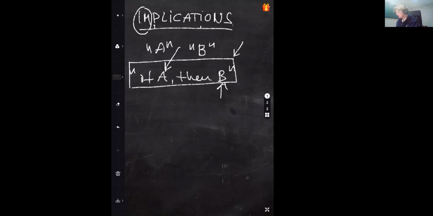But if I said, if this animal is a chicken, then it can fly, this statement is false, right? A chicken is a chicken, so that's true, because chickens are animals. But we know that a chicken cannot fly. So B is responsible for making the whole statement false.